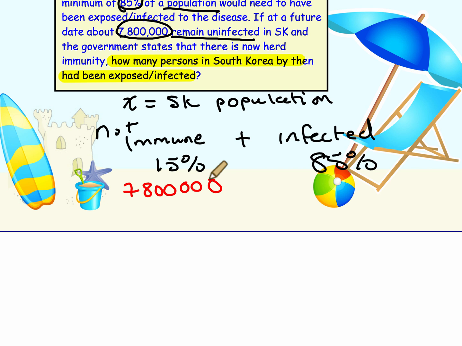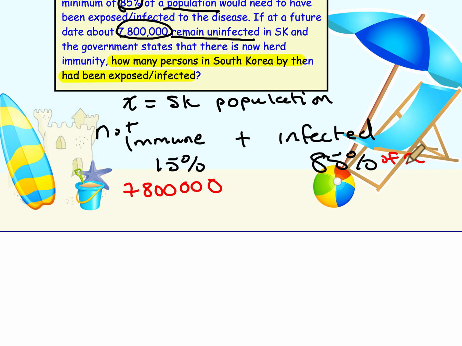And these people here are 85% of our population, so this is 85% of x. These two together represent our total population, so if we add them together, we get 100%.